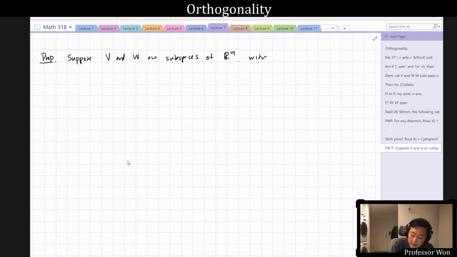With bases, so let's call the basis of V, B_V, which consists of v1 up through vk, and the basis of W, B_W, w1 up through wl. Sorry, it doesn't necessarily have to be the same size, so this is respectively, of course.